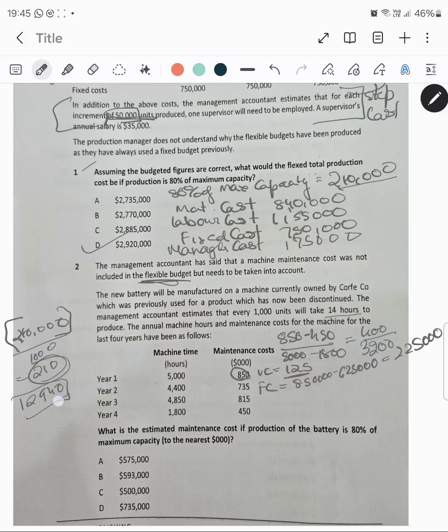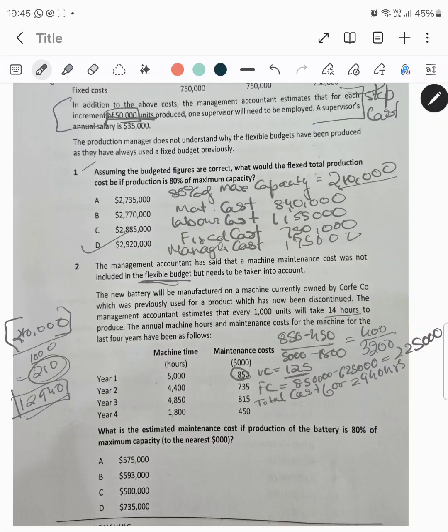Now for this machine time I will have to calculate the total cost, right? So it was 2,940 hours, right? Now the variable cost is 125. So 2,940 into 125, I will get my variable cost, which is 3,67,500.